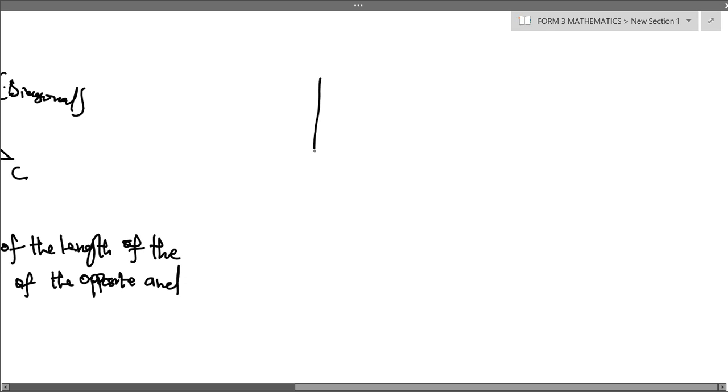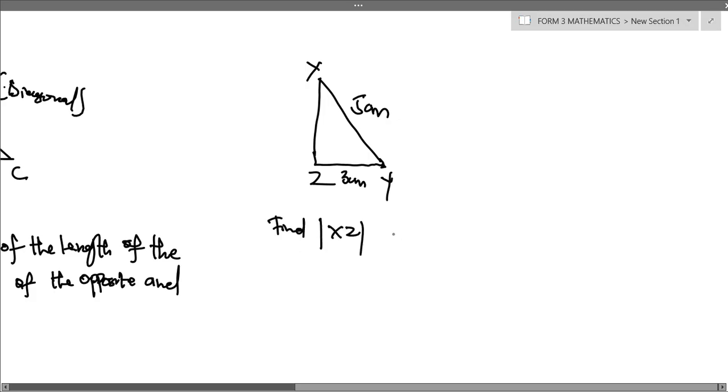We've been given xy to be 5 centimeters and zy to be 3 centimeters, and we are asked to find this side. So find line xz in the diagram above. We are going to use Pythagoras theorem to simplify this one.